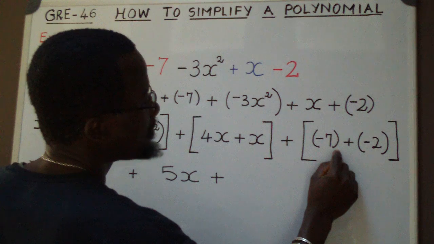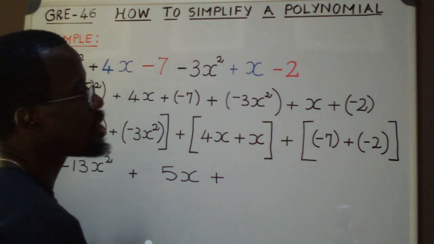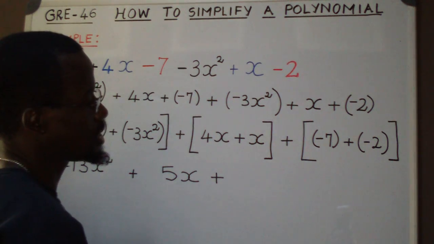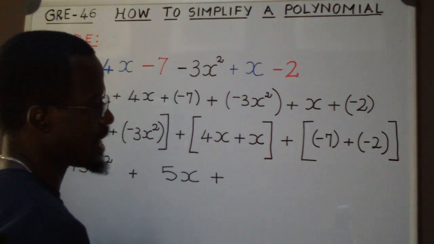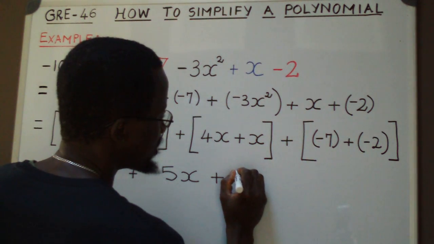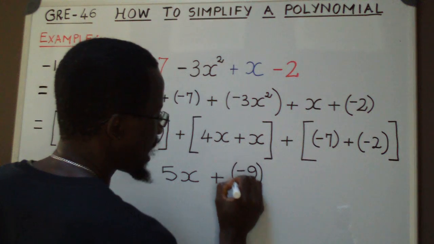Well, if you lose 7 items and then you come back and lose 2 items, obviously that is equivalent to having lost 9 items. Therefore, because you've lost 9 items, you can write here negative 9. Okay? So here, this is what we have.